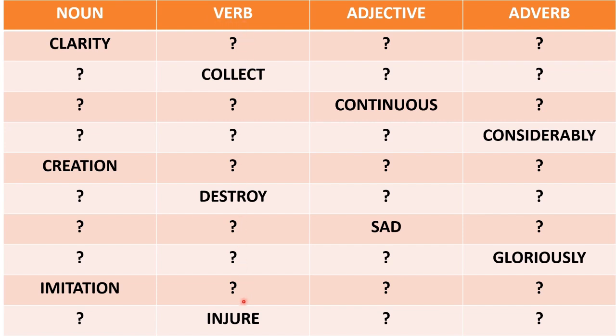Here also there are 3 and the remaining are missing. You have to fill in what is missing. The third column is adjective. Here there are 2 adjectives and the remaining are missing. And in the fourth column, adverb, again you have 2 and you have to fill in the remaining 8. There are 10 rows here.